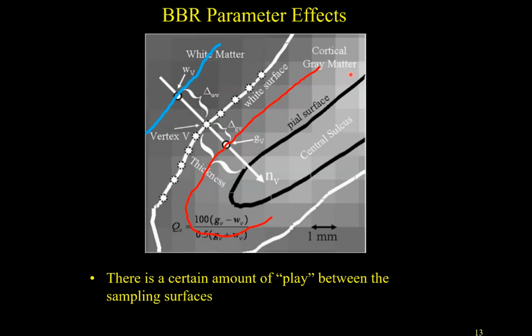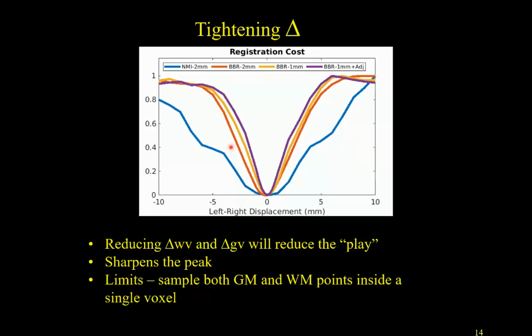So if I come back here, instead of allowing, I think the default is 2 millimeters into white matter and half of the thickness into cortex, I reduced those so that now I'm sampling closer to where the white surface is, which is closer to where that contrast boundary is. And so when I do that, I again make it a little bit narrower.